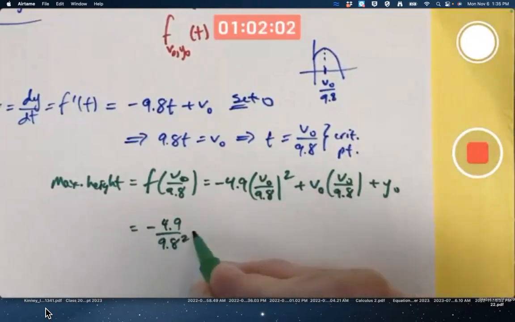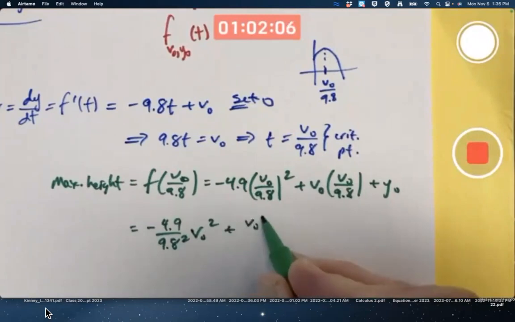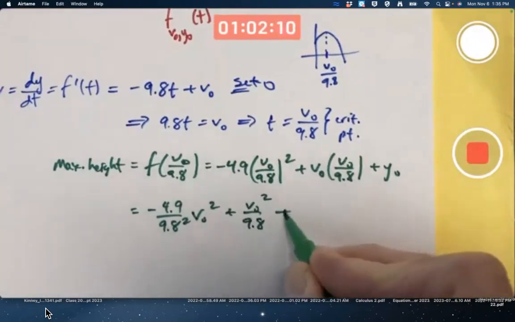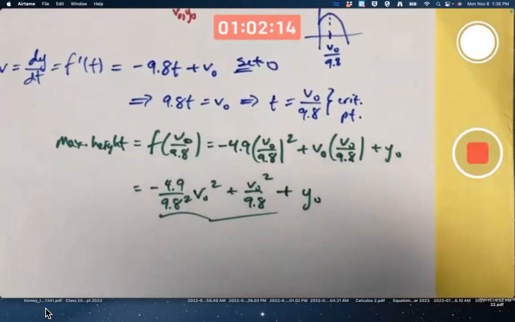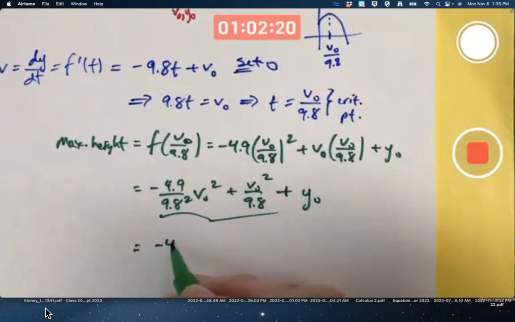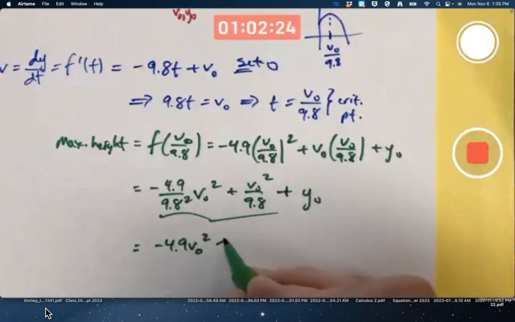I guess I'd get this. And maybe I should combine these two fractions into one by getting a common denominator of 9.8 squared. Not that you have to do that, but maybe it's nice.